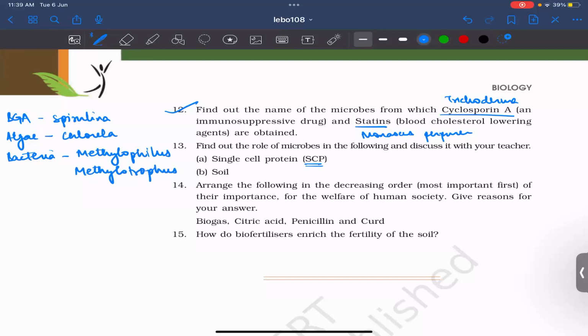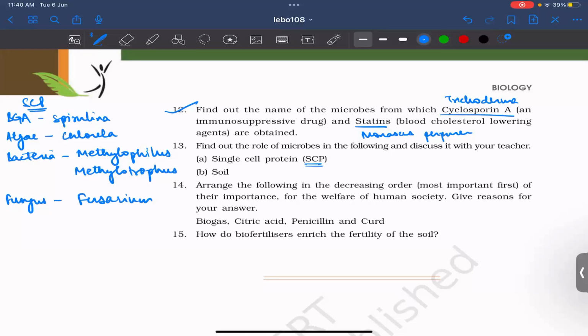Then next we have fungus, which is Fusarium. These are few examples of SCPs. SCPs are used for increased intake of protein for humans.